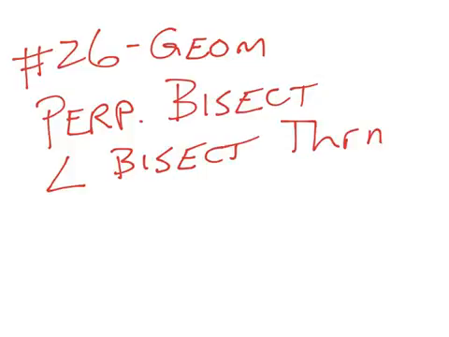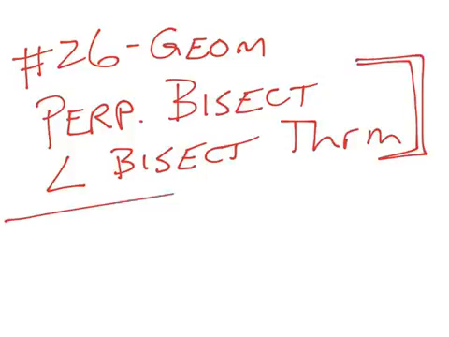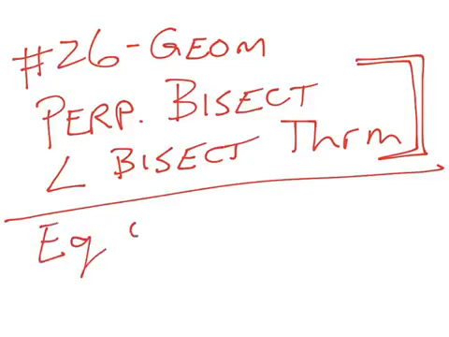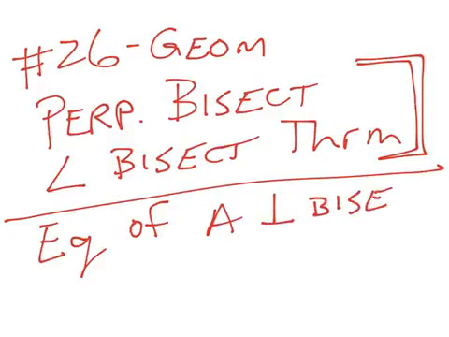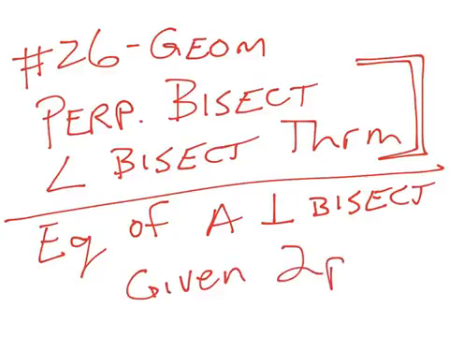So there will be diagrams that will relate to those, and then also we should be able to find the equation of a perpendicular bisector given 2 points. Just like the final example we worked through. All right, thank you.